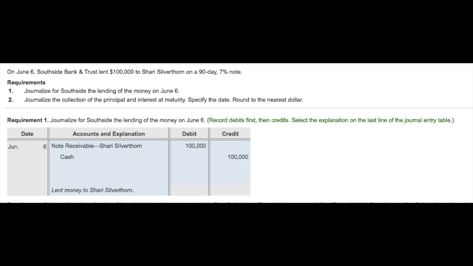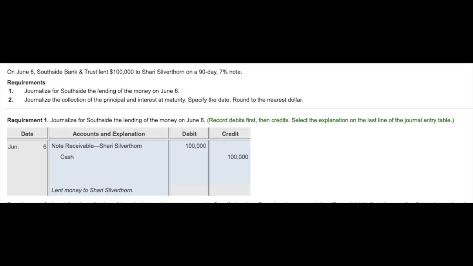So for this journal entry, Southside Bank and Trust lent $100,000 to Sherry Silverthorne on a 90-day 7% note. When a bank loans money to a customer, a receivable must be set up for the client for the amount of the loan. So you're going to journalize the awarding of the loan.